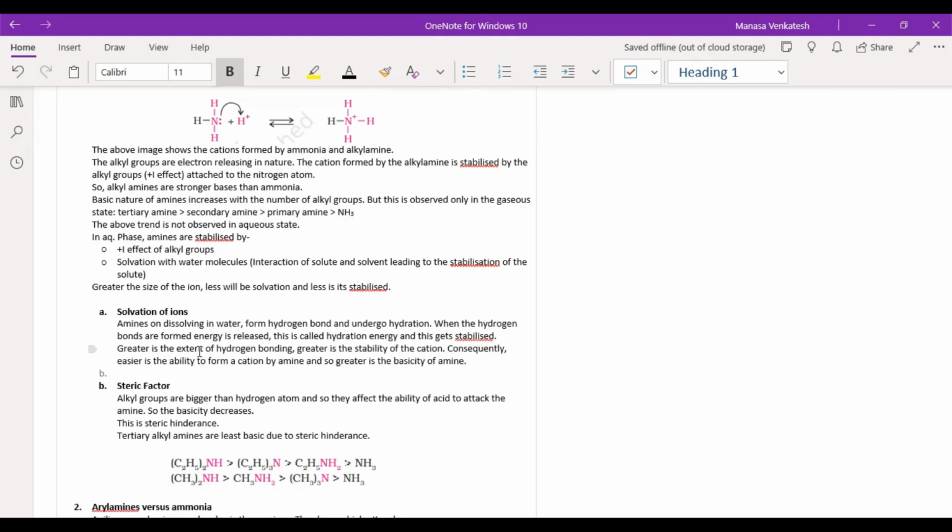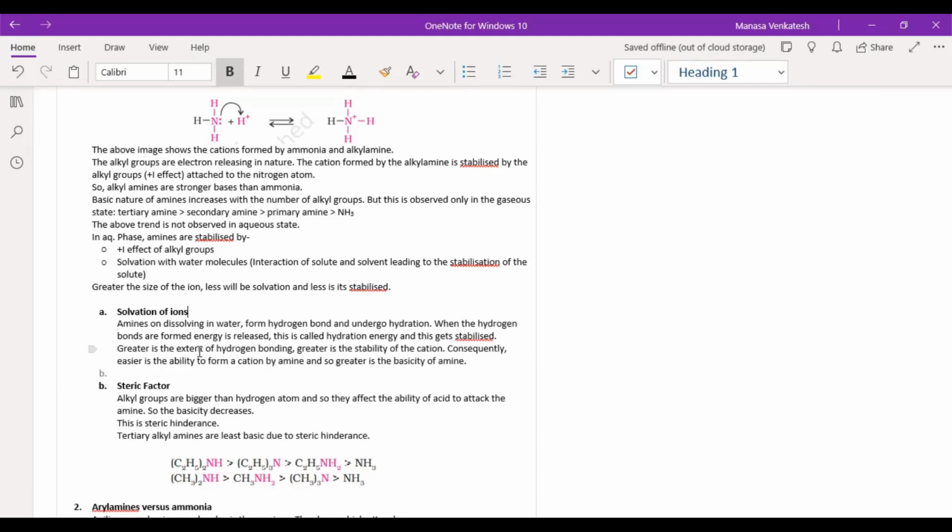The greater the extent of hydrogen bond formation, the more stable the cation. So when the amine gains a proton and forms a positive charge, it will form more readily because it is going to be more stable. This is especially observed when you have smaller sized ones.